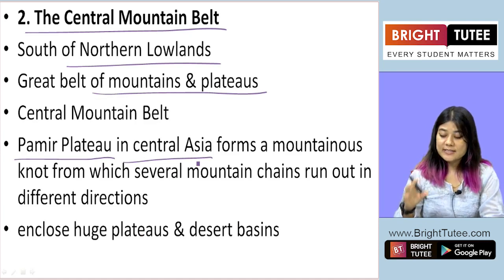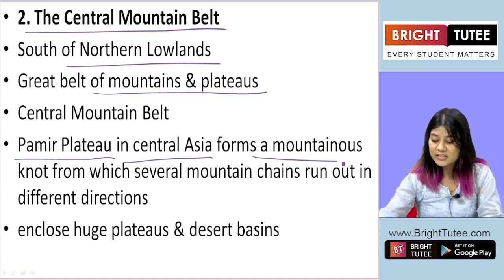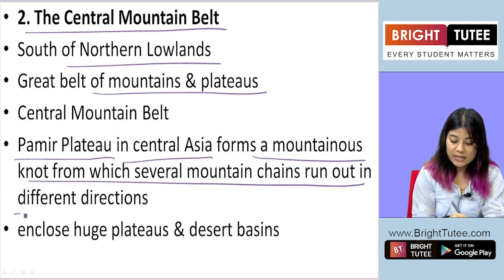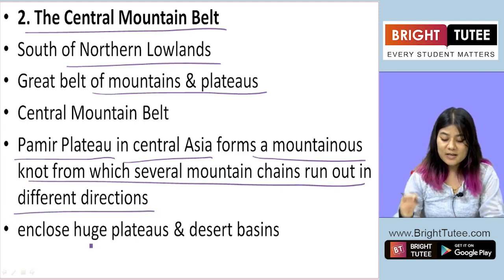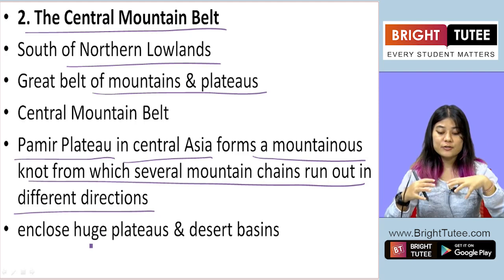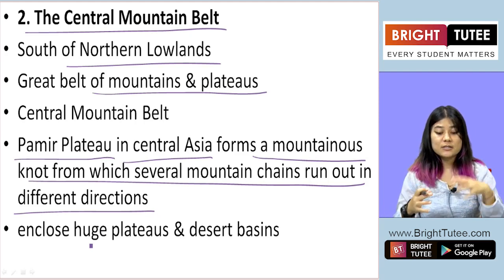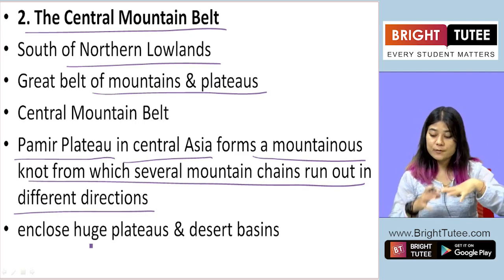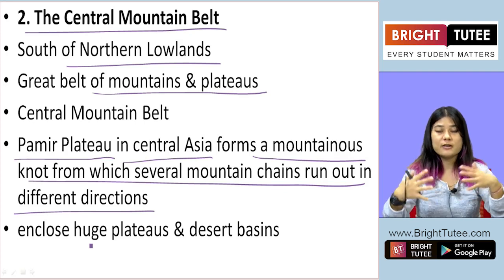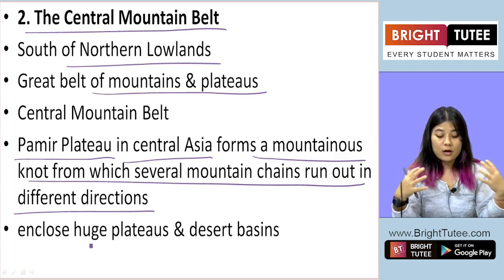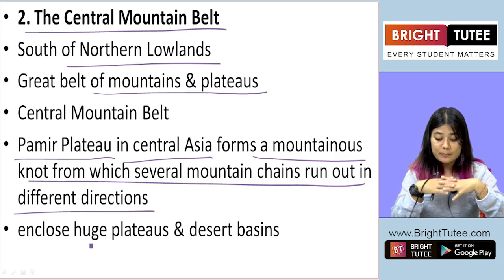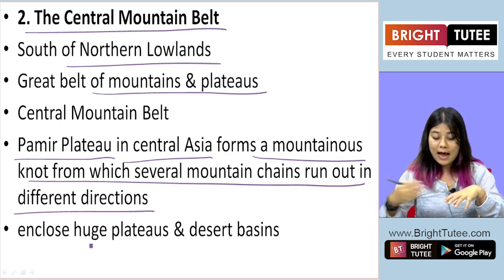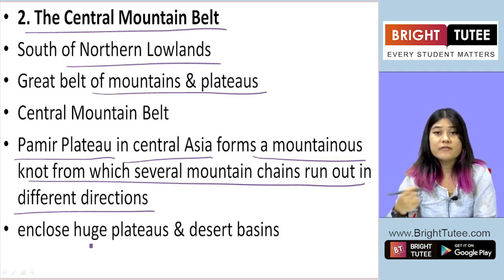The Pamir Plateau in Central Asia forms a mountainous knot from which several mountain chains run out in different directions. The Pamir Plateau is one of the plateaus that fall in the Central Mountain Belt. There are so many mountains knotted or connected with this plateau, and as a result, many mountains run out in various directions.